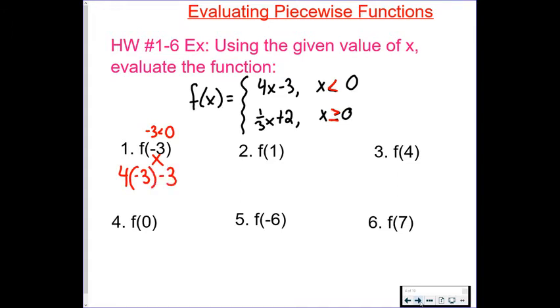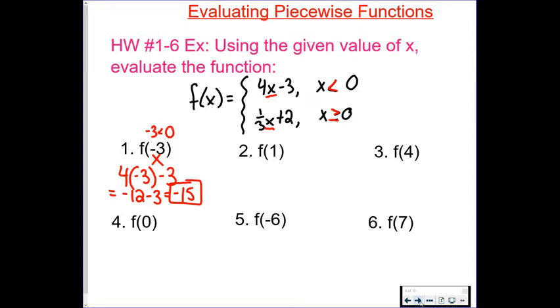Okay, so first thing, decide which interval it goes into based on your x value, and then whichever one it goes into, that's what you're going to put in place of the x there. And then we just simplify. 4 times -3 is -12, minus 3 is -15. So my input was -3, I plugged it into that interval to make -15 when I simplified it.